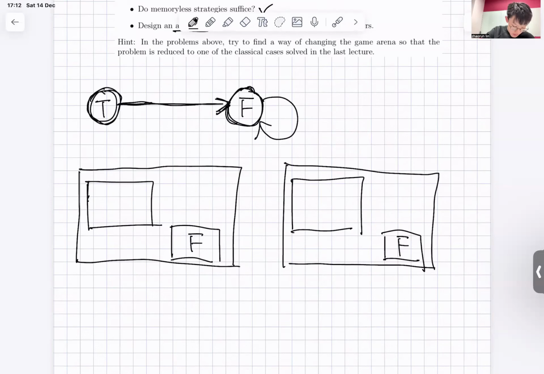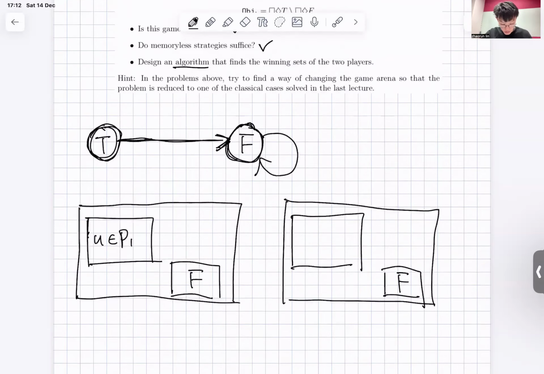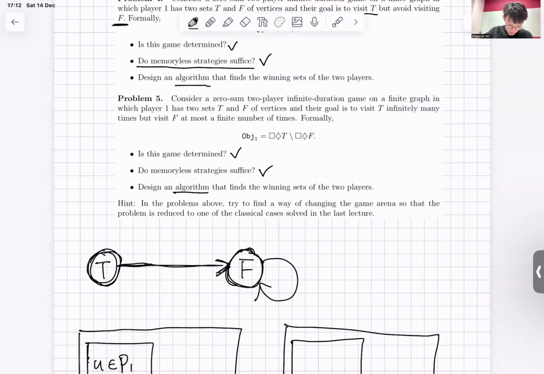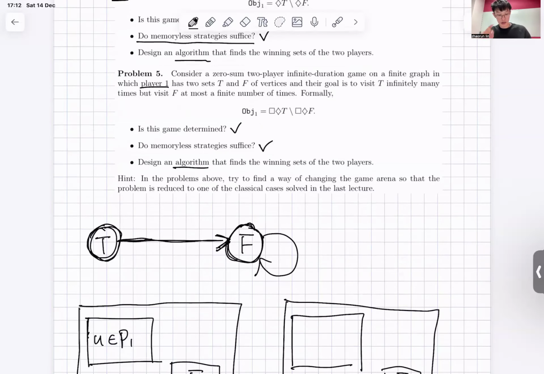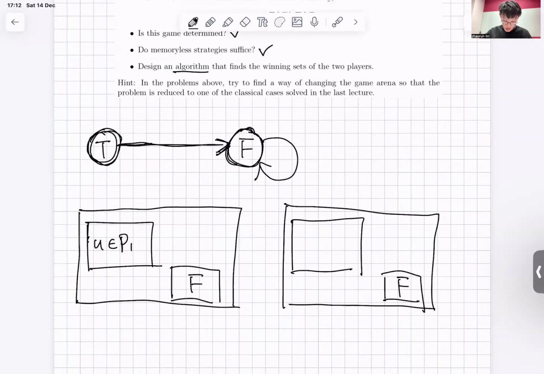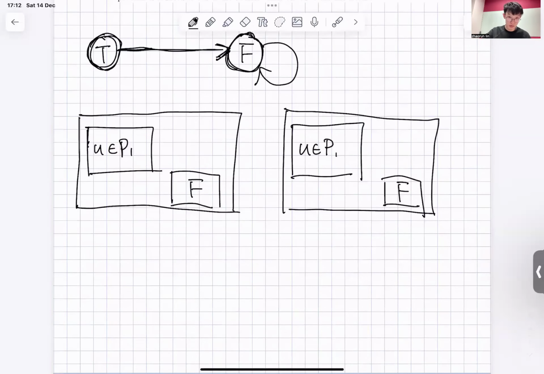For this set, we want to have the vertex that is player 1's vertex, because we are player 1, and we want to visit T infinitely many times. So this is also player 1's vertex. Now we want to visit T infinitely many times.